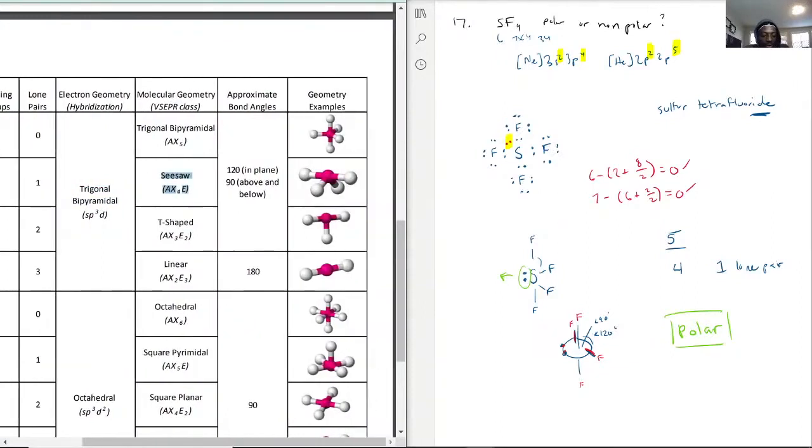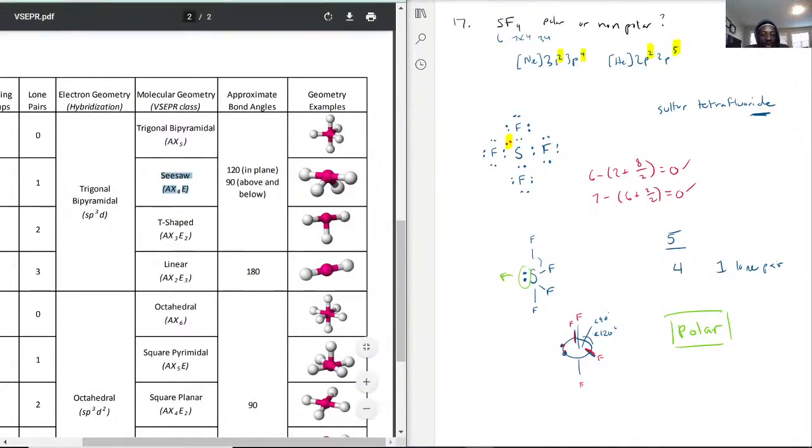So with that being said, this is what it would look like. As I said, it's going to be a little bit less than 120, because I think this is a better picture. You see here, the bottom parts are a little bit less than 120 degrees apart because of how strong the lone pair is. And the 90 degrees here is a little bit less than 90 degrees, for the same reason.